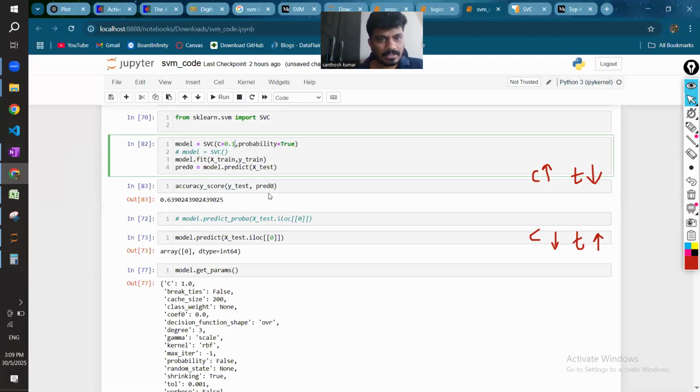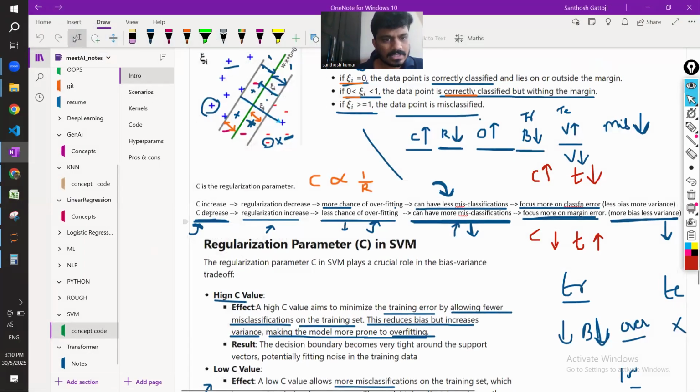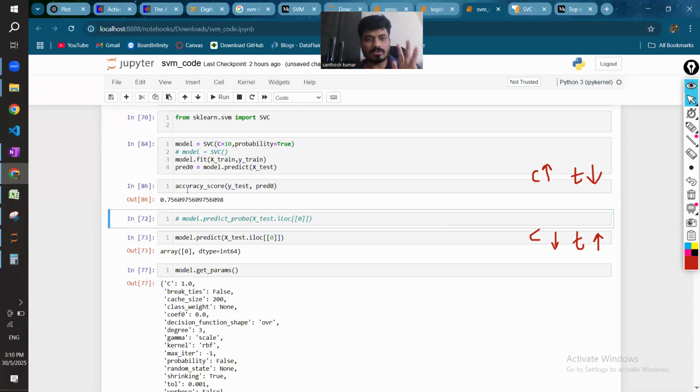And the other way around, if I go from, let's say, C equal to 10, the training accuracy is increasing. So I think it is working fine, but is it complying with C? We'll see.